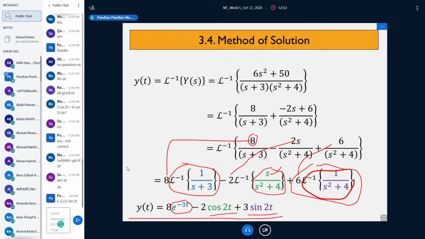So 6 multiplied by half is 3. This is the direct. But the inverse Laplace of this one is half sine 2t. So 6 multiplied by half or 6 divided by 2 is 3.